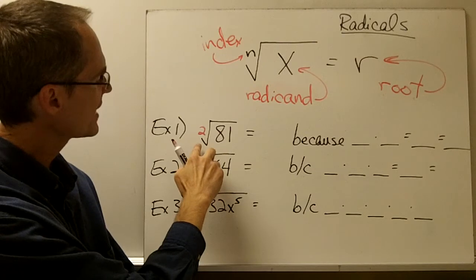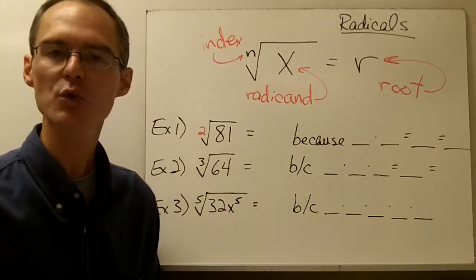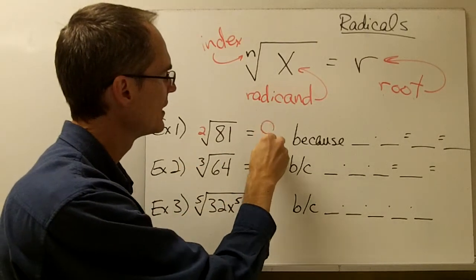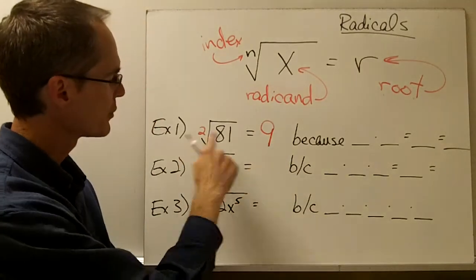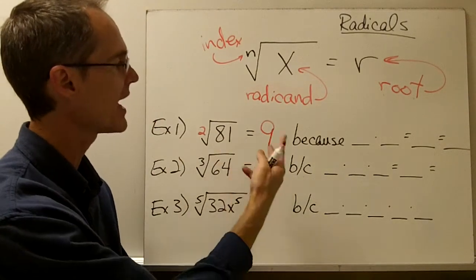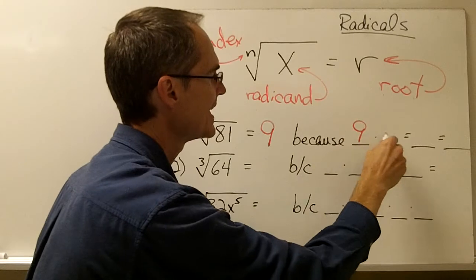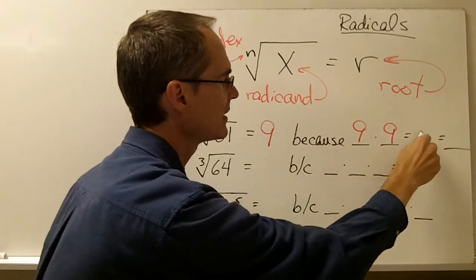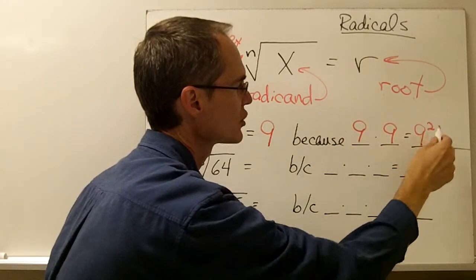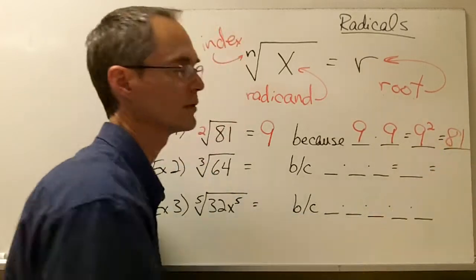So the square root of 81 is equal to 9. The reason is that 9 times 9 equals 9 squared, which is equal to 81.